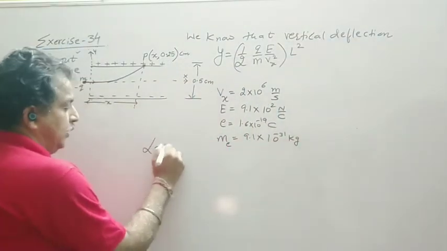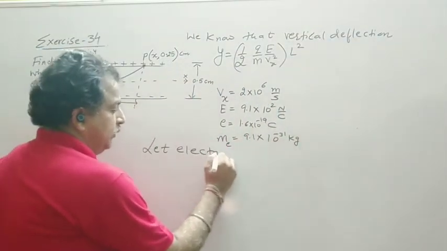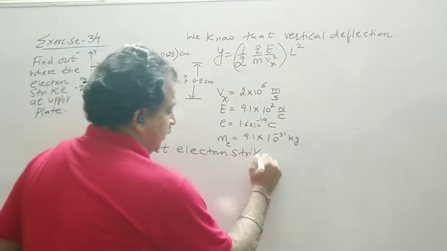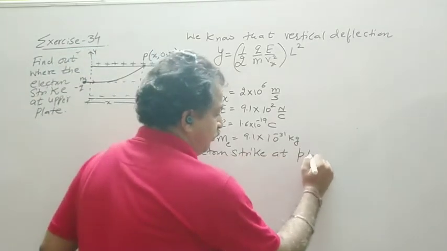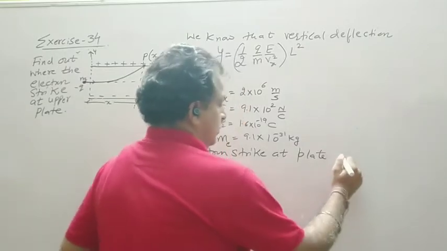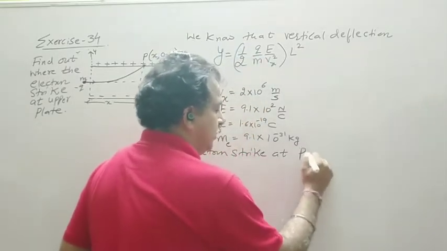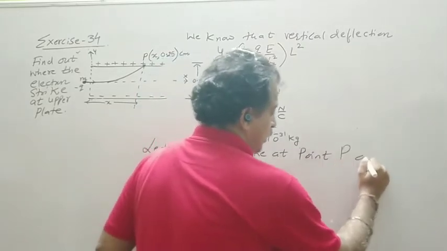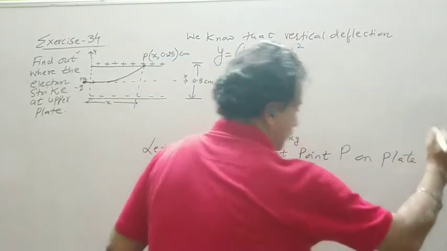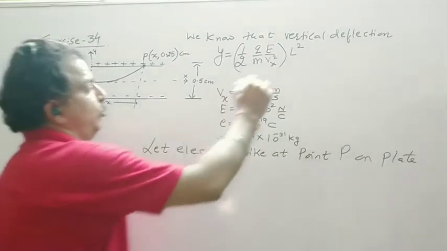So let the electron strike at point P on the plate. Now this is the formula we know.